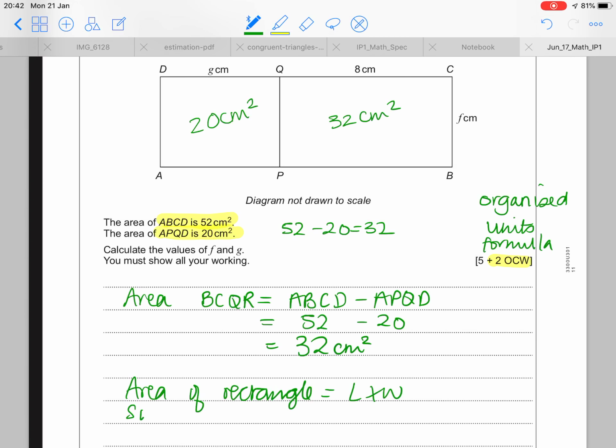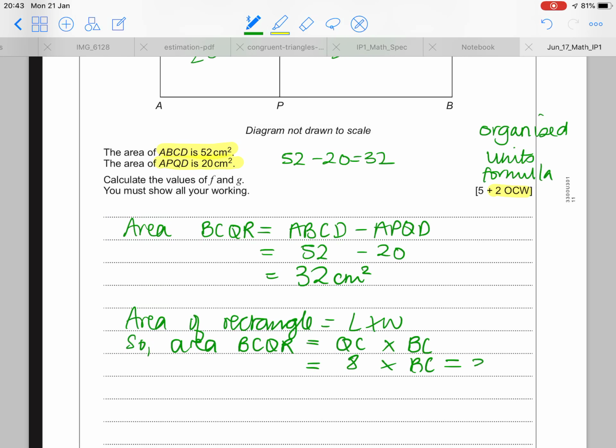So area BCQP equals QC times BC equals 8 times BC, and we already know that's 32.